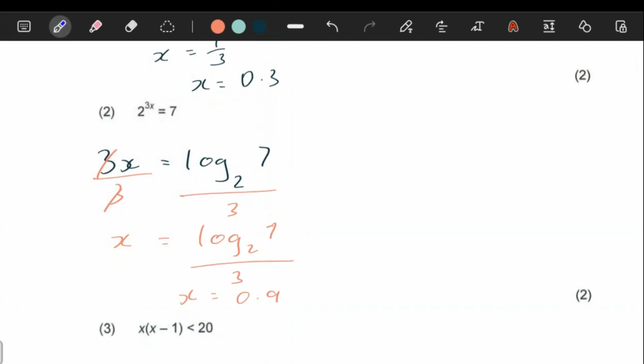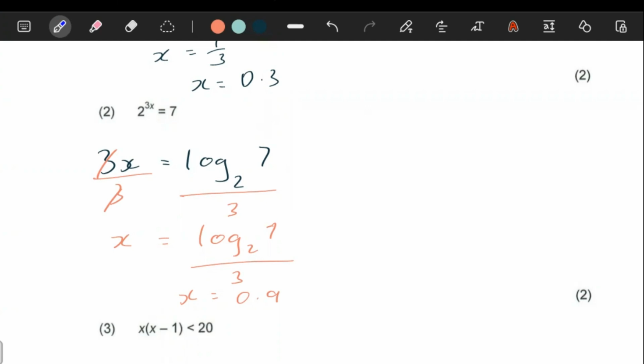Anyways, moving forward, they said we should solve for x again. So in this kind of inequality question, what you want to do is see what kind of quadratic equation you're working with, so that you can draw a rough sketch that will help you answer this kind of question.